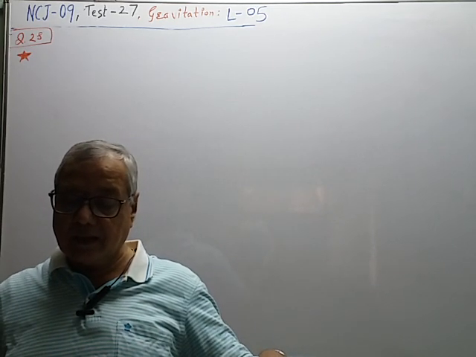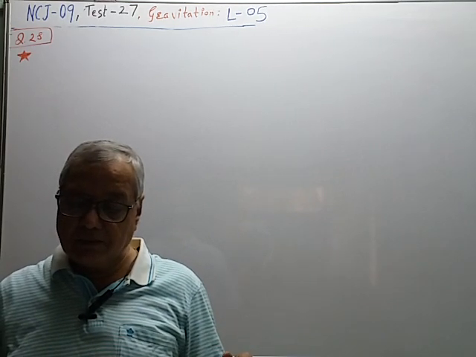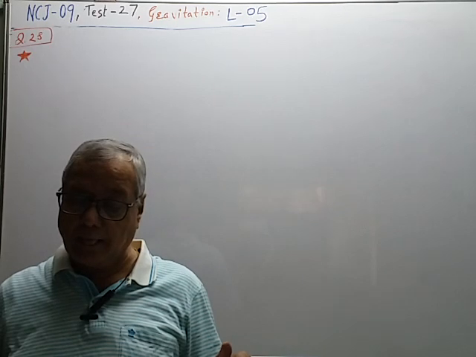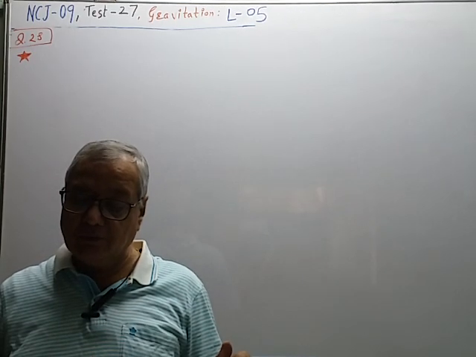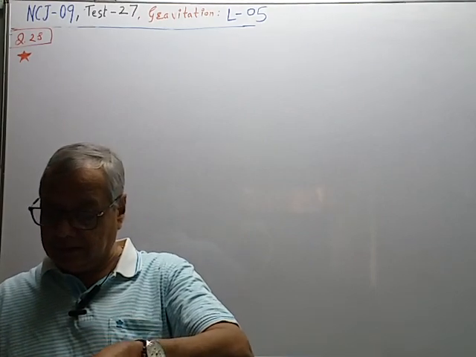The gravitational attraction between the sphere and the ring is given by. So value is given in terms of capital G, capital M and capital R, like this.